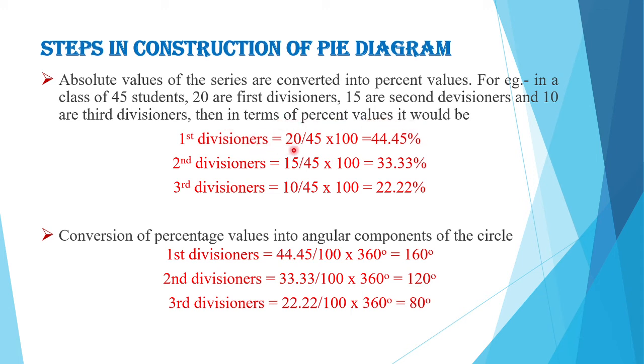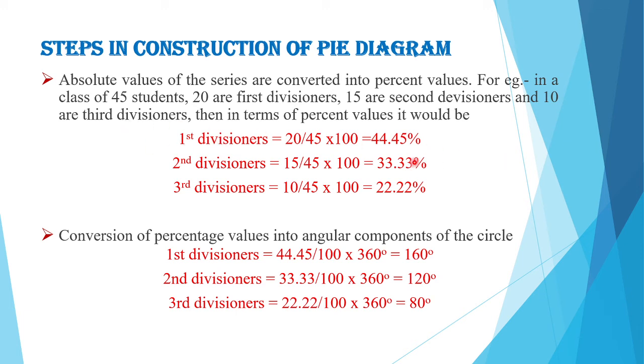Here you can see the conversion formula. We have to divide the value of the component by the total number of students and multiply by 100 because we want to convert into percentages. So 20 divided by 40 multiplied by 100 gave us 44.45%. Those who got first division.